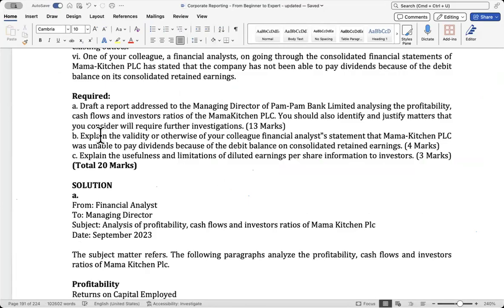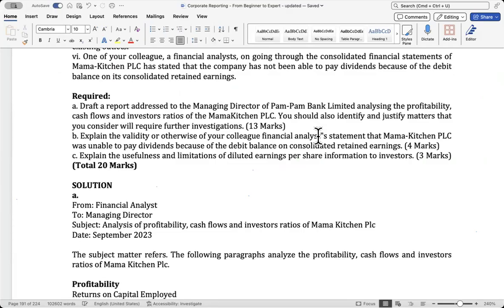Then the second question is to explain the validity of your colleague's financial analyst statement that Mama Kitchen PLC was unable to pay dividend because of the debit balance on the consolidated retained earnings.